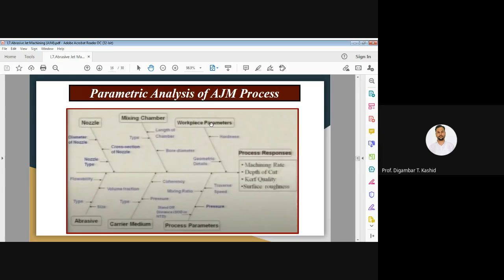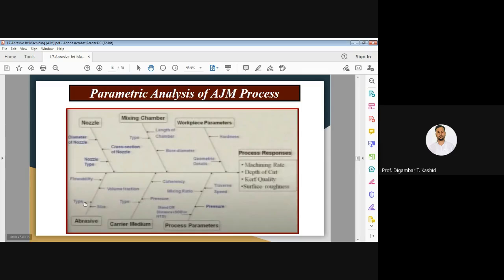These geometrical details are some of the considerations. Then we have the abrasive, which is another process parameter. For the abrasive, we have its property, that is, flowability. Then the type of abrasive, since various types of abrasives are there, and the size of abrasive are again very important parameters.